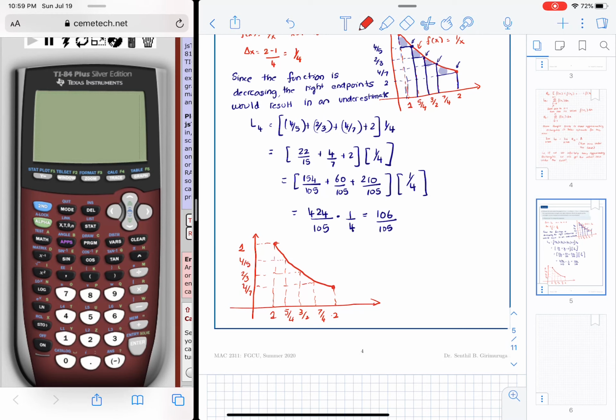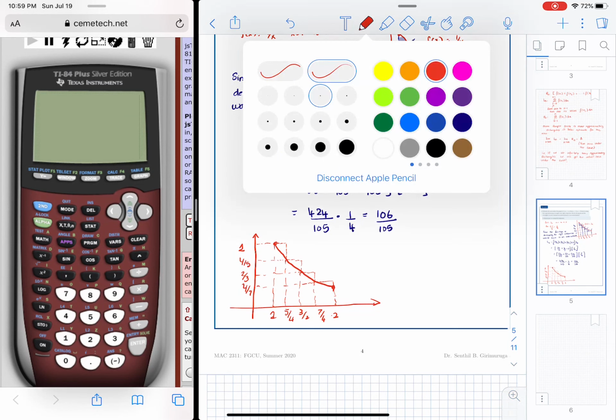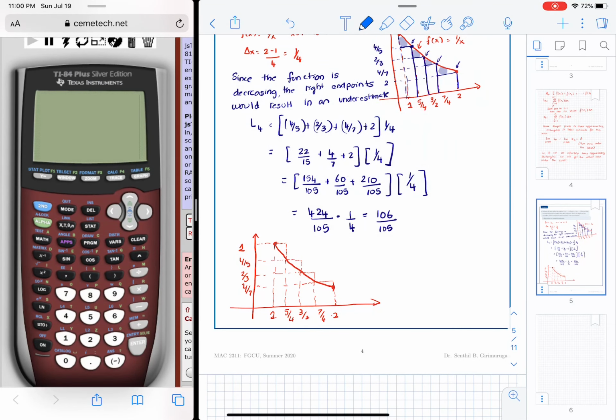Now we have to construct the rectangles. So the first rectangle is going to be that. The second rectangle would be that. The third would be that. And the fourth would be that. So I'm going to go ahead and use a different color for the rectangles.